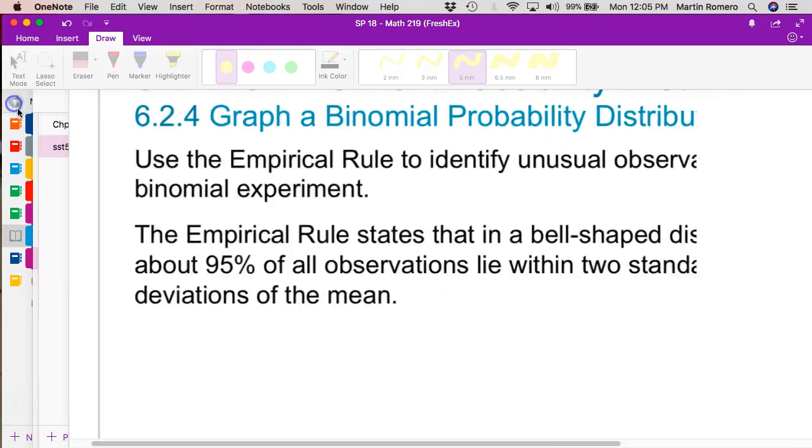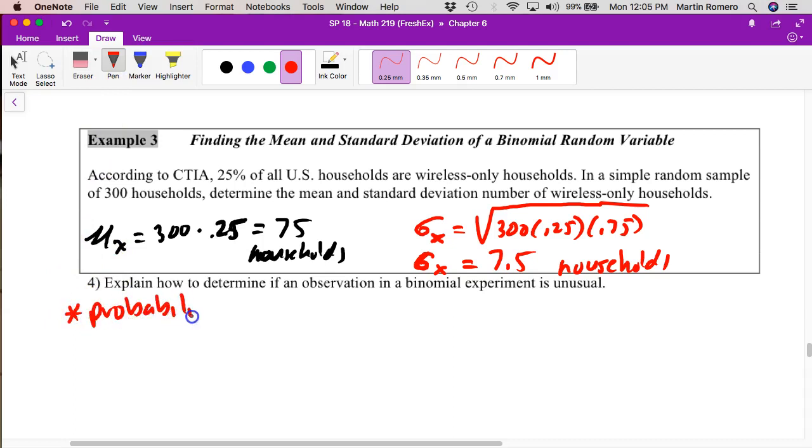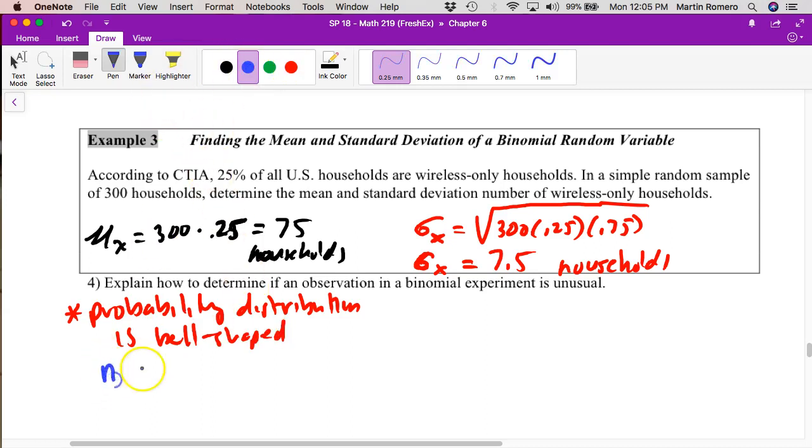Looking at your notes here, to determine if an observation is unusual, we first need to know that the probability distribution is bell-shaped. That only happens if n times p times 1 minus p is greater than or equal to 10, so we need to check that.